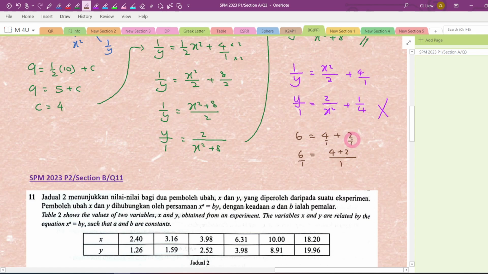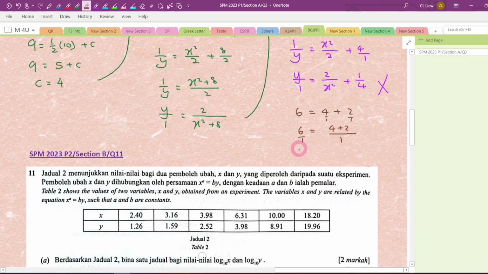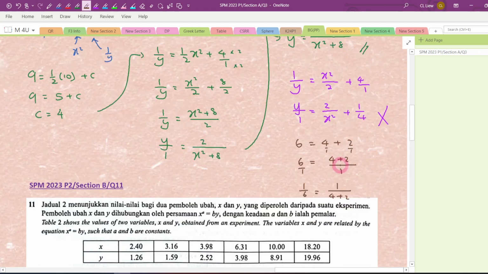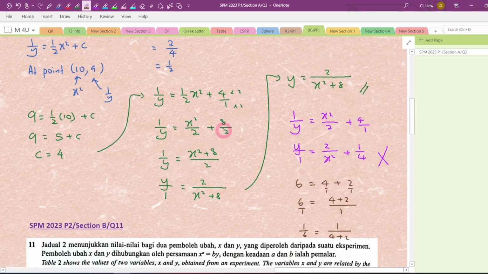You can just combine them together. Now, 1 over 6 is equal to 1 over 4 plus 2. Is this correct? Yes, this is correct. So this is the reason why I want to change the denominators to be the same first, then combine them into one term, then only I flip over the numerator and denominator for both sides. Okay, so this is the answer for part B.